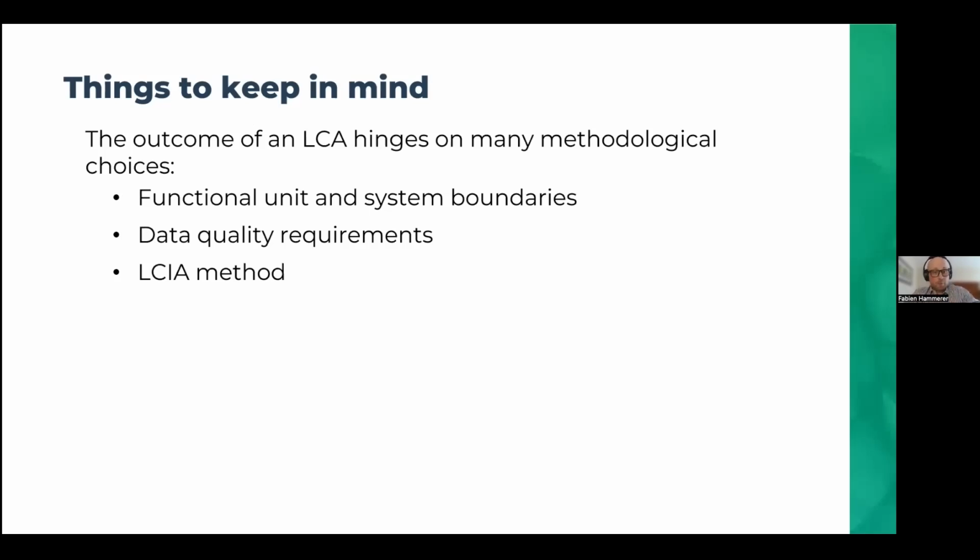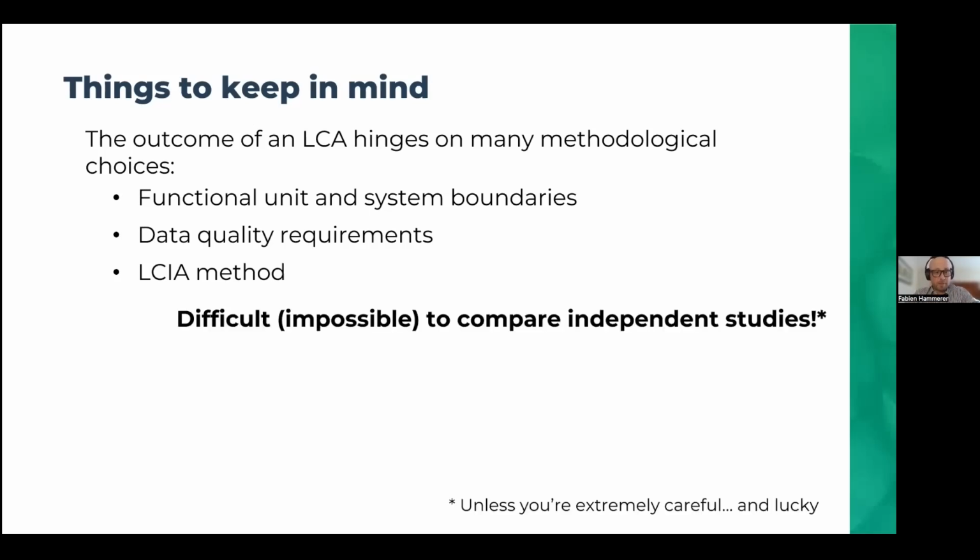That's only for the main ones because every single decision that you make is going to have an influence on your results. And that makes it difficult and borderline impossible to compare independent studies, unless you're extremely careful and lucky.